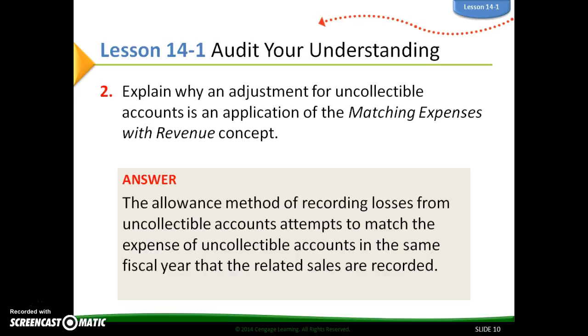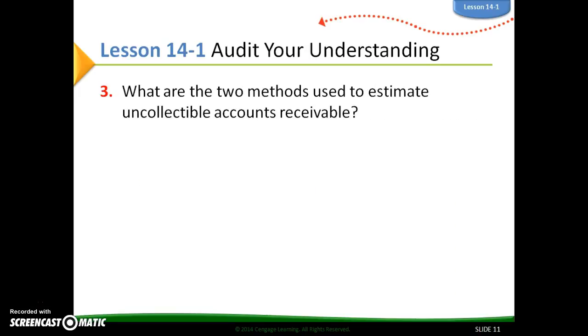However, we want to make sure that we're writing off that expense in the same fiscal year as the sale, so that it matches up with when the sale happened, that we allowed for writing off that expense back when the sale was being processed.